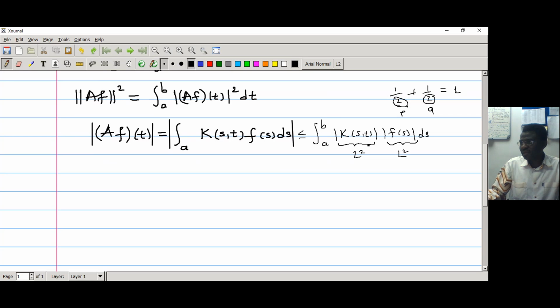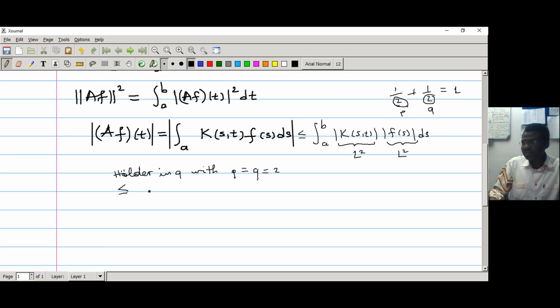So if I apply the Holder inequality to this, with p equal to q equal to 2. Please try to find the Holder inequality from the video, and it's also in one of the tutorials.